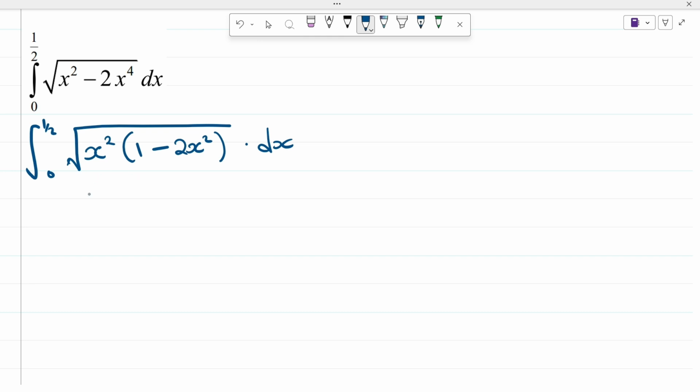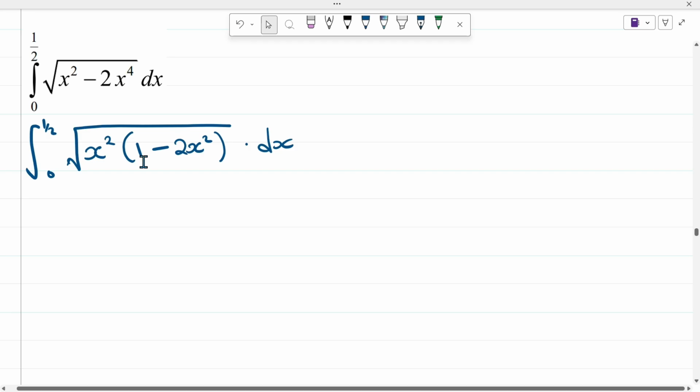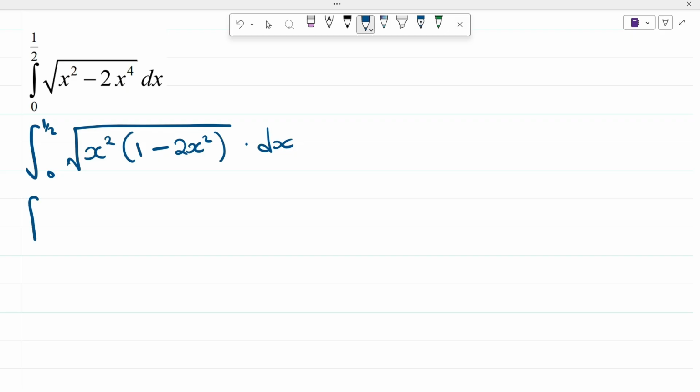From there, we are going to make this term and that term have its own root. So we will end up having something like: the square root of x squared is just going to be x, and then the square root of the other one will still be the square root of the other one.